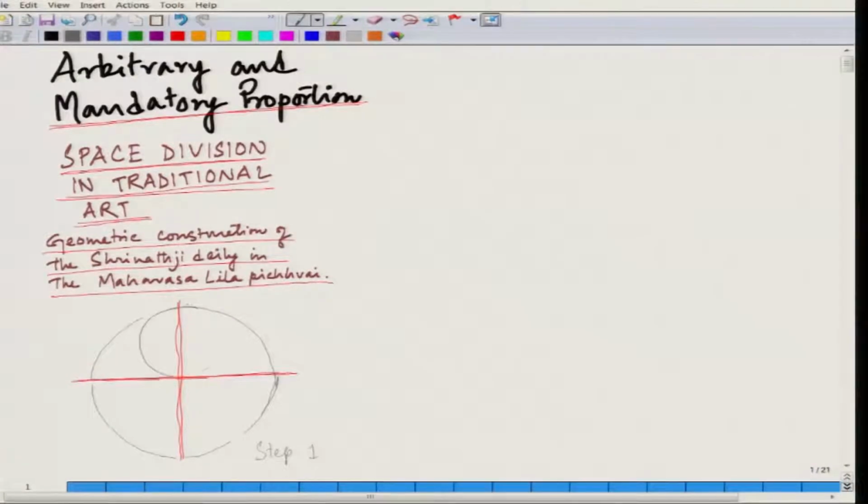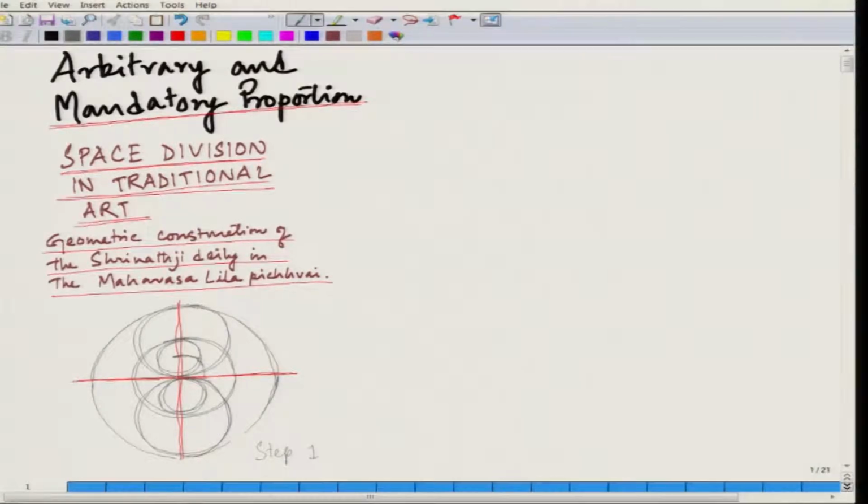In the next step, they create another two circles, and then they consider another circle to have another two circles within them. So, that divides the whole composition into many circles which are interrelated.